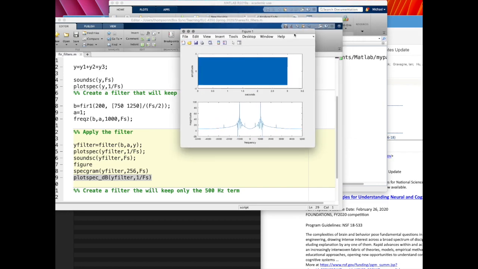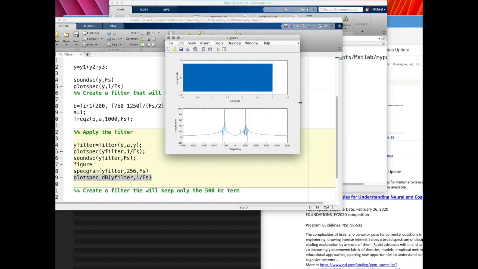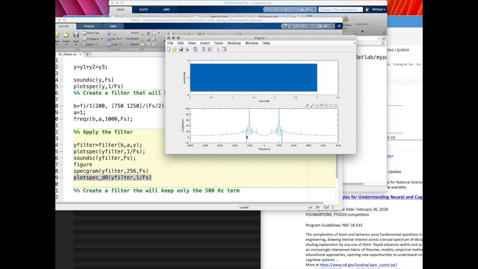And when you look at this, what you see is something harder to interpret because the dB scale makes things a little harder to look at. But you see there's a spike here at 1,000, I'm sorry, minus 1,000 and 1,000. That's our sinusoid that we're keeping.